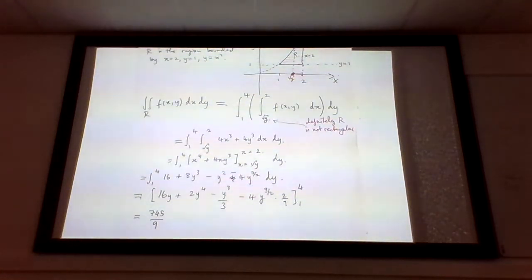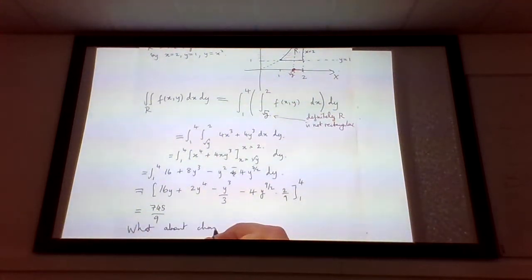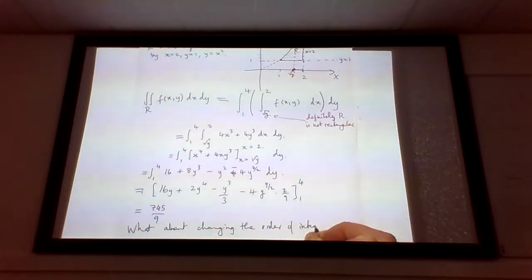But equally well, we could perform this integral where the integrals are performed in the opposite order. So what about changing the order of integration here?